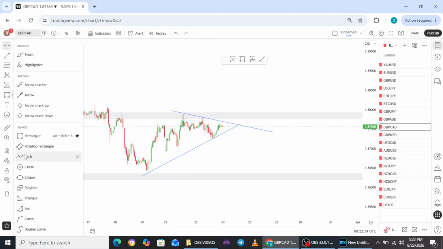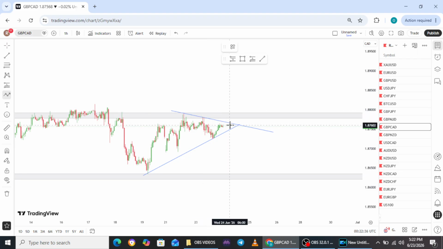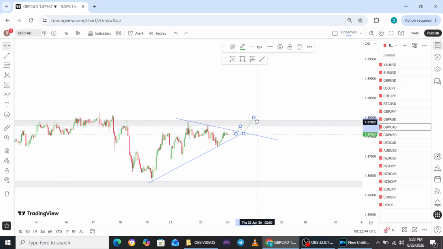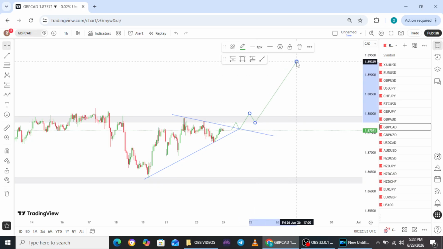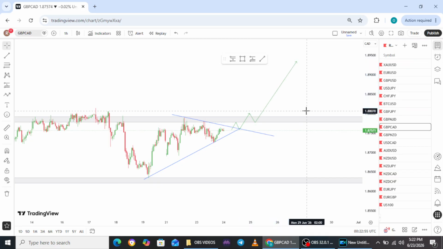I'll look for a break of this trend line, retest, break of this structure, retest, then I take a trade to the upside if I see a bullish engulfing candle or a weak rejection candle.